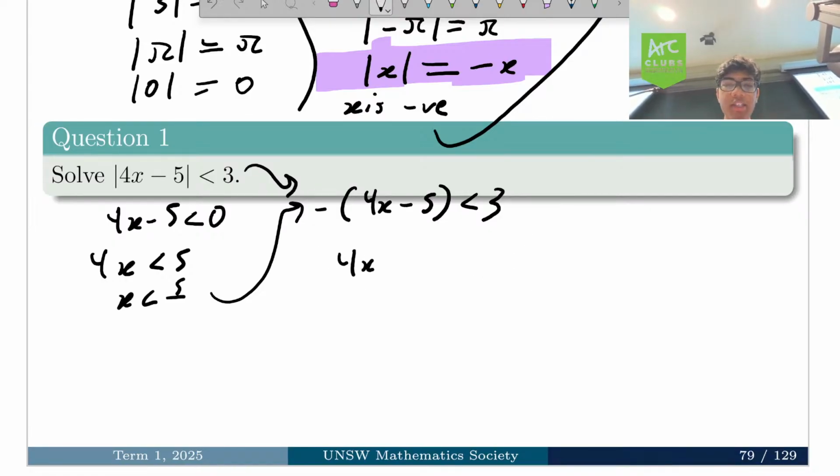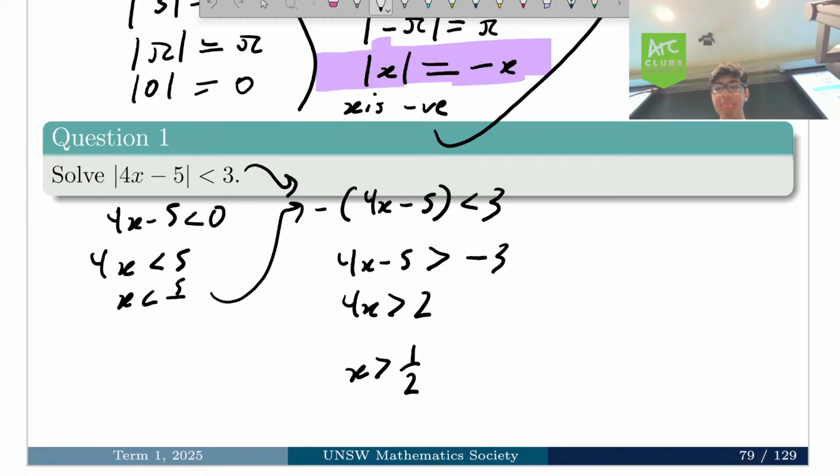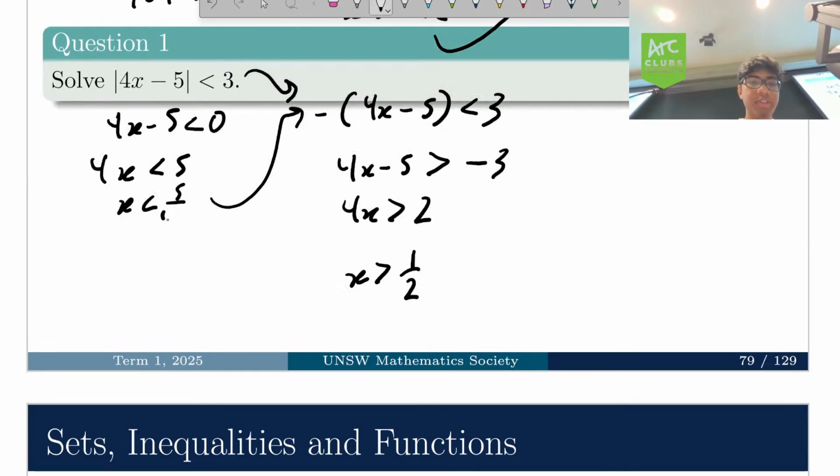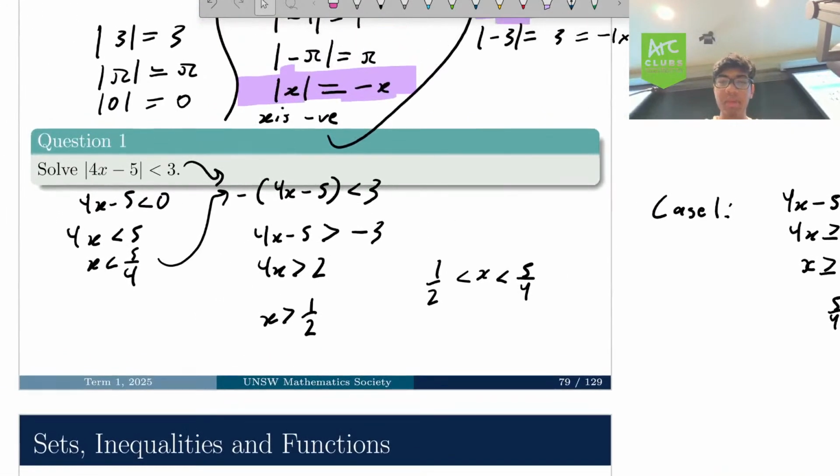I know 4x minus 5 will be greater than -3. 4x is greater than 2, and my x is greater than 1/2. Cool. And so from this, I know that my bounds for this are 1/2 less than x less than 5/4. Well, this is my case 2 sorted.